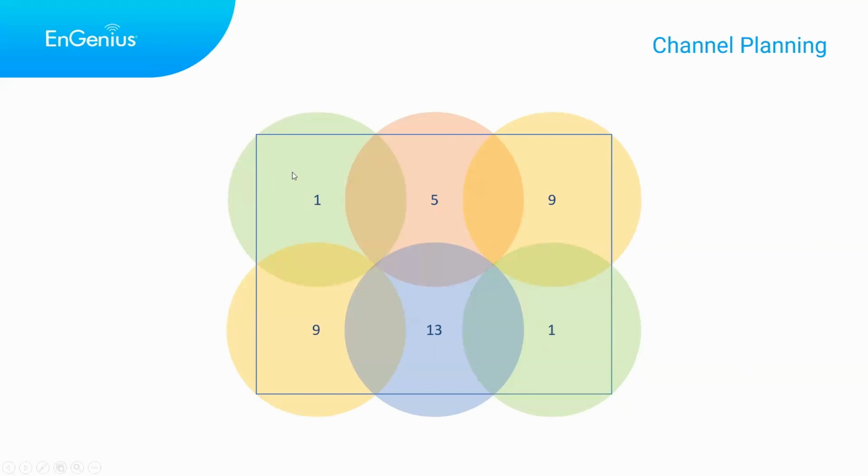So if, for example, I set this all to channel 1, your APs would have a hard time reaching your clients. All the data and packets would have a hard time traveling over Wi-Fi. The analogy that I usually use is, imagine if these 6 access points are speakers and they're all talking at the same time. Of course, the receiver, the listener, would have a hard time understanding what one person is saying because they're all talking at the same time.